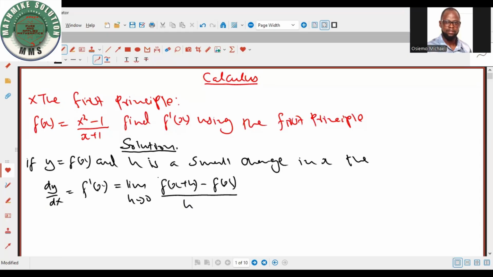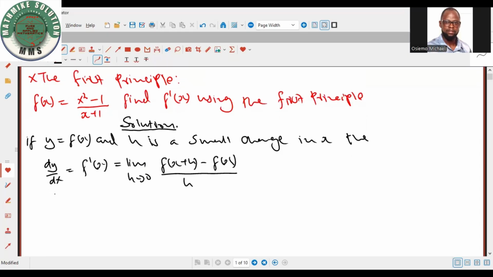Sometimes you can put f at x plus h minus f at x in brackets and multiply all of it by 1 over h, which still means you're dividing by h. In this case, we already have our f at x, which is equal to x squared minus 1 over x plus 1.